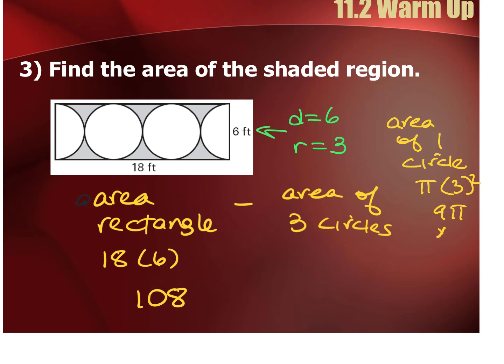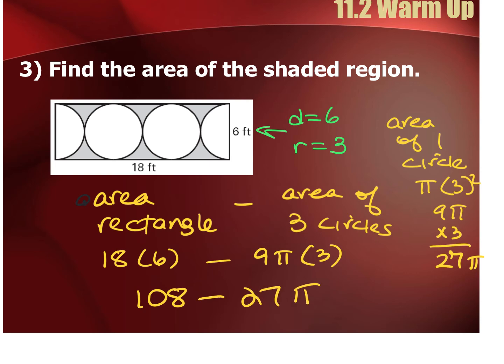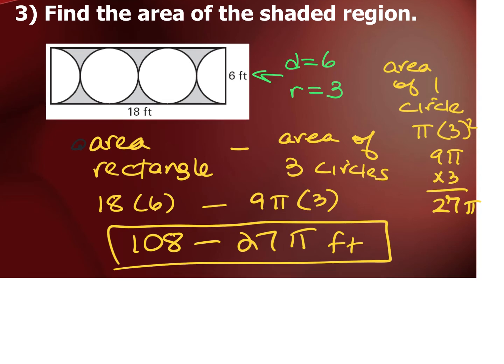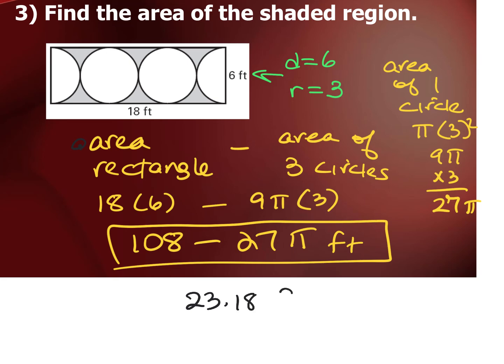Now when I times it by 3, I get 27 pi. So then I'm going to put here 9 pi times 3, 27 pi. And that is my final answer left in terms of pi. If you were using your calculator, then this would have actually turned into 23.18 feet squared. They should be squared.